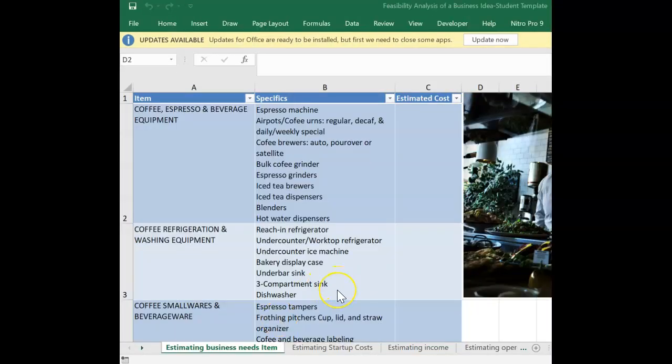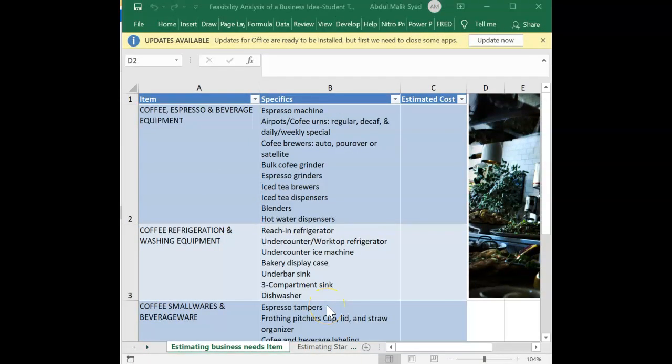Okay, so taking that template into consideration, I've got an understanding of what the coffee business requirements are, right? I've browsed the internet and various other sources to find out what the business needs are for starting a coffee business.